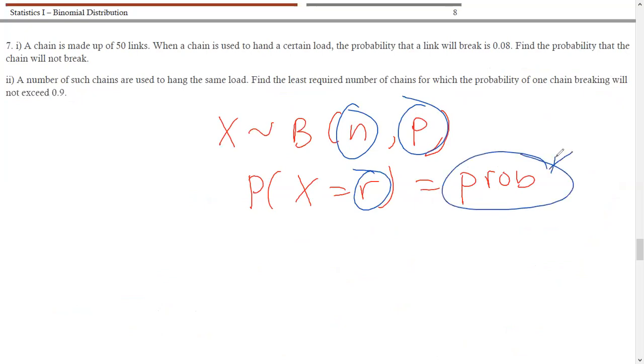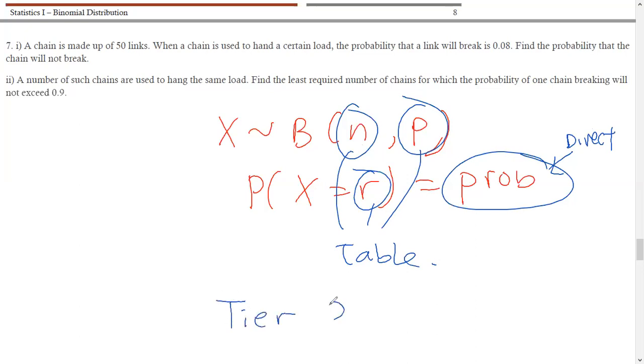If the unknown is here, this is the most direct one. You can just press the calculator. If the unknown is anywhere else, you must use your table. This is generally for tier 1. Of course, it can ask you about the mean, the variance, and the mode. And of course, you must be familiar with your tier 2 questions.